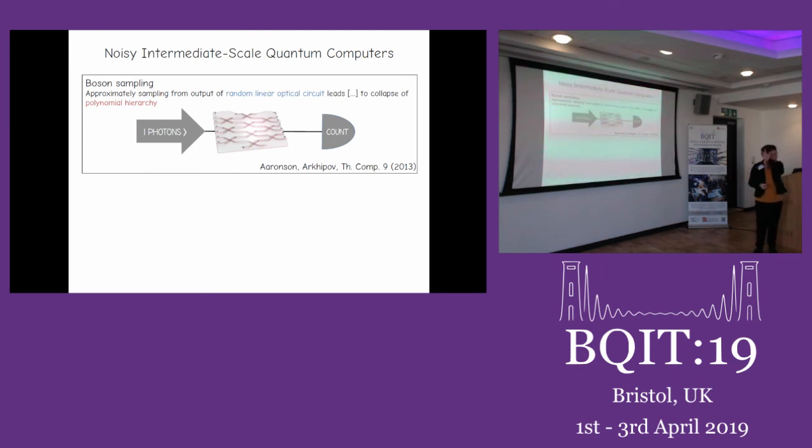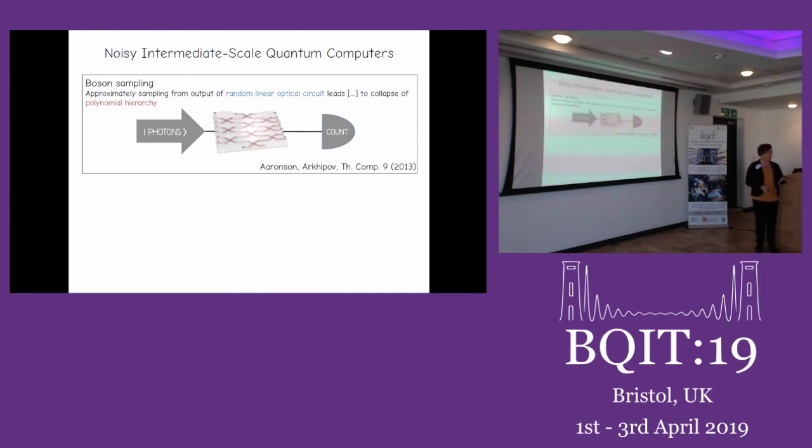It's not a universal quantum computer, and it's pretty close to something that you could in principle realize in the lab. And they show something quite interesting: based on a known complexity theoretic conjecture, the collapse of the polynomial hierarchy, which is a well-studied conjecture in theoretical computer science and a generalization of the P is not NP conjecture, if that conjecture holds along with a few others which are plausible, then it's impossible to classically simulate such a device in the lab.